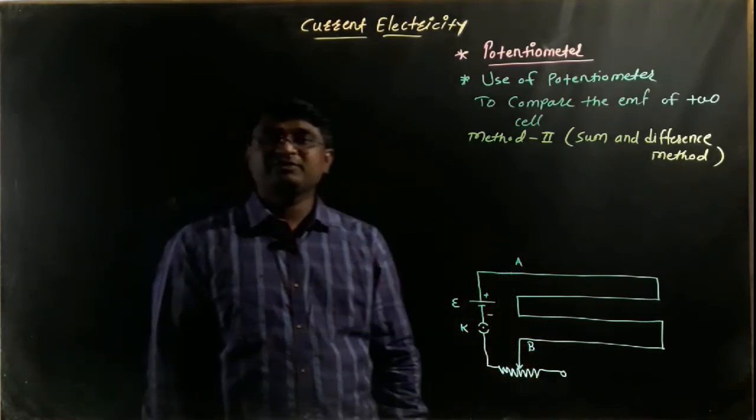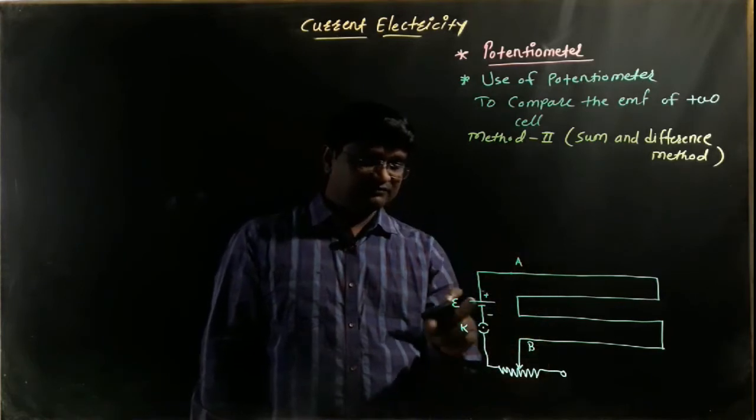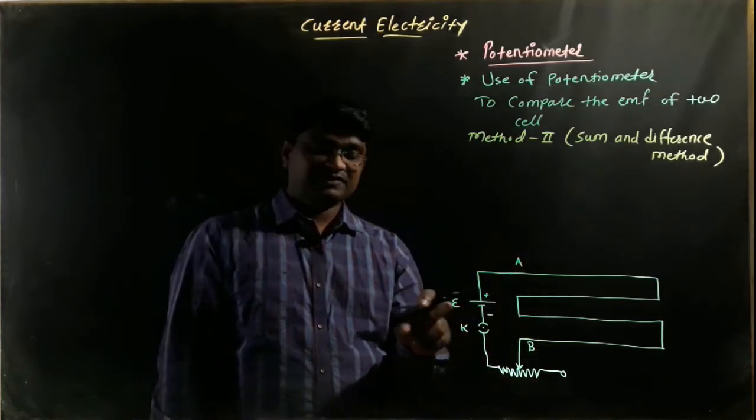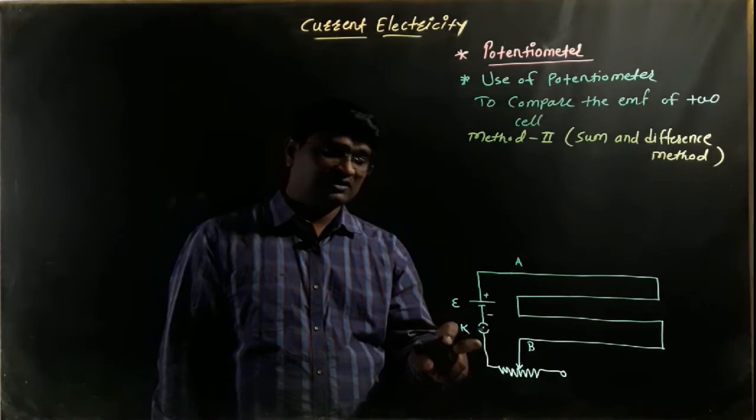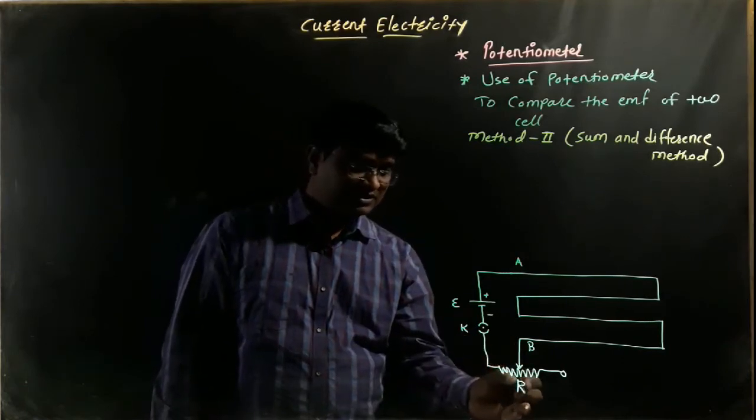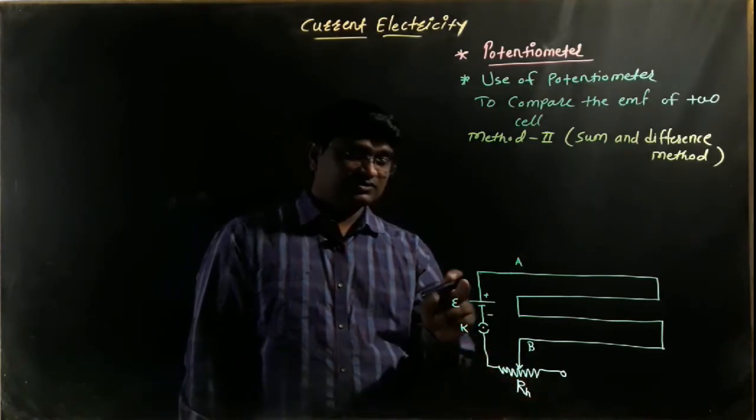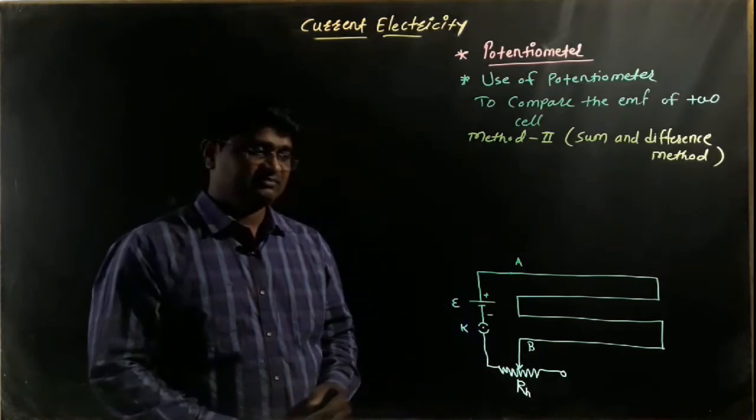So AB is the potentiometer wire, and between the wire AB we connect the cell of EMF epsilon, the key, and the rheostat. The rheostat will be denoted by RH, and they are connected in series between the wire AB.